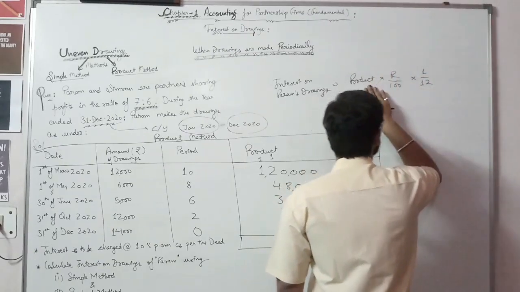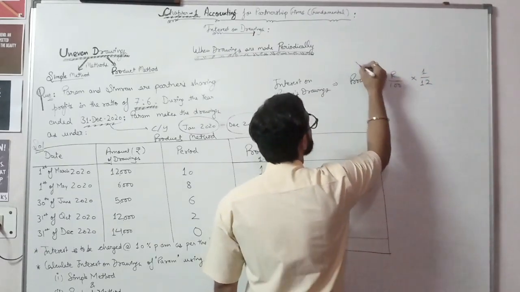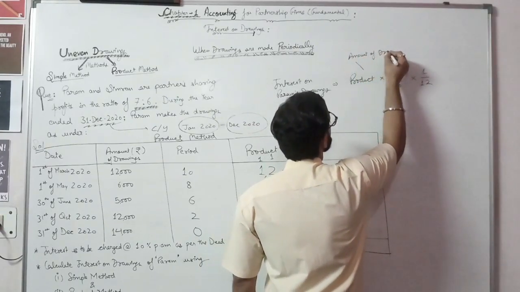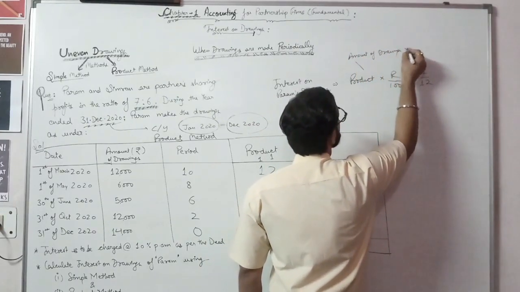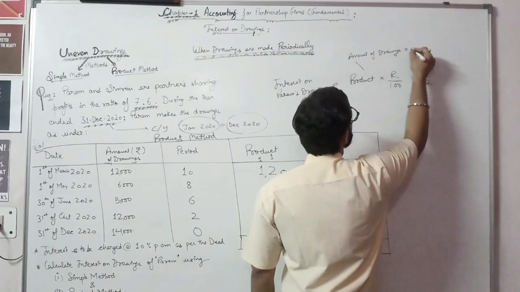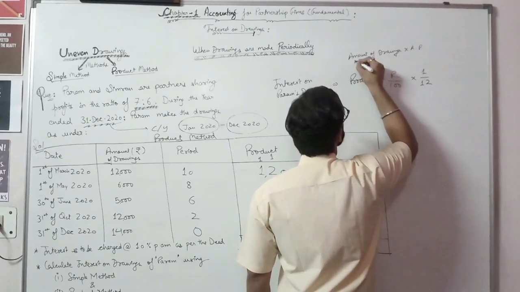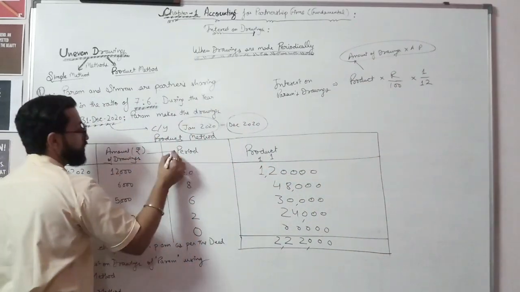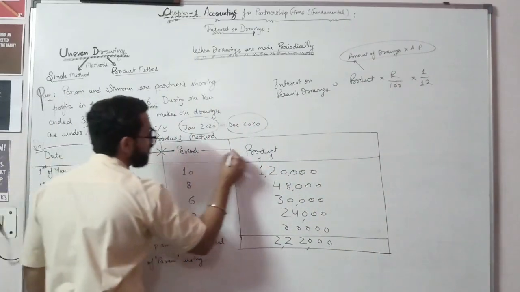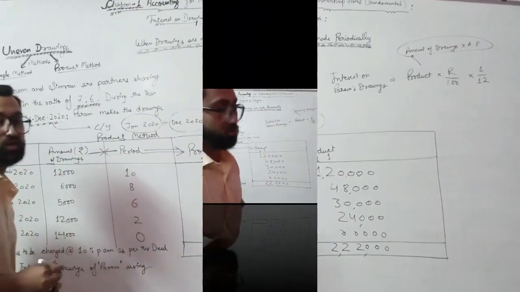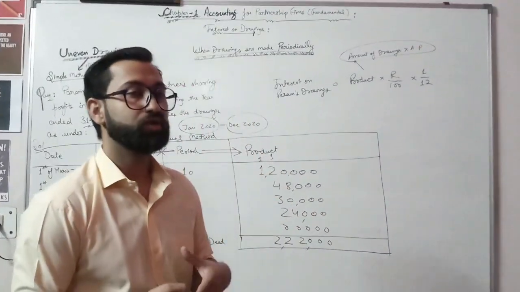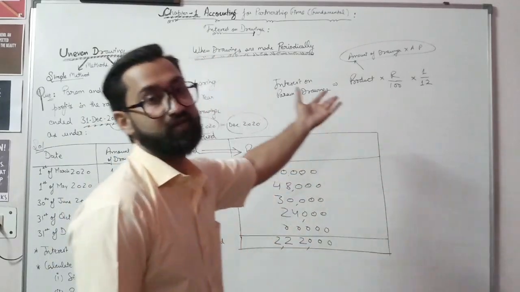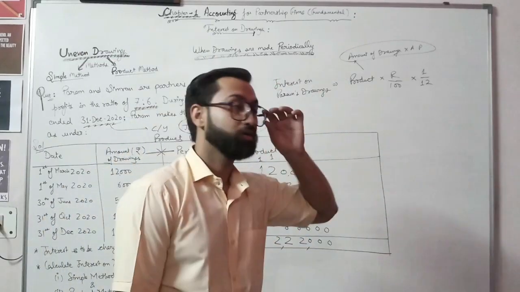Now product means amount of drawings into average period. Already we have multiplied amount with period to get product. Now in this case we don't need to consider the average period again in the formula. Therefore in place of average period we have written 1.